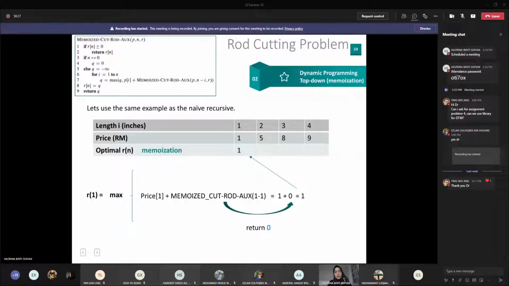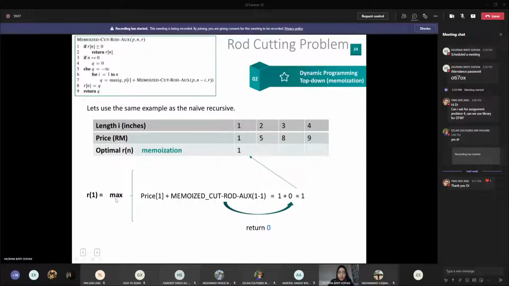We take the exact same example as the naive, whereby we have 4 inches of rod, and the price is exactly the same as our previous example. So right now, this whole thing, I just copy from here.